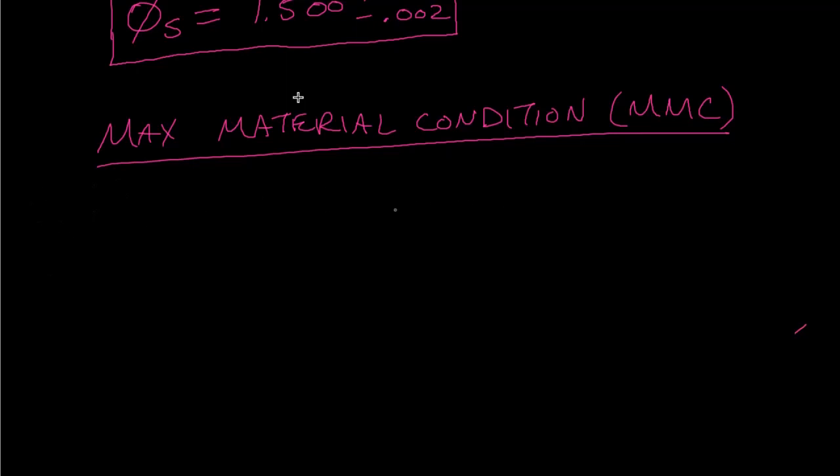Okay, and so at the maximum material condition, the smallest hole will occur. So we can kind of write it like this. So the minimum clearance is going to equal the smallest hole diameter minus the largest shaft diameter.